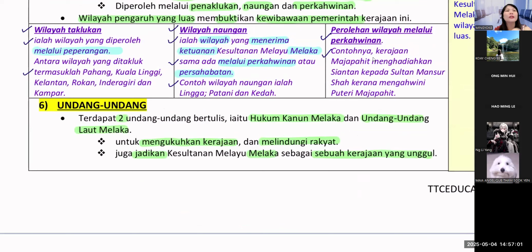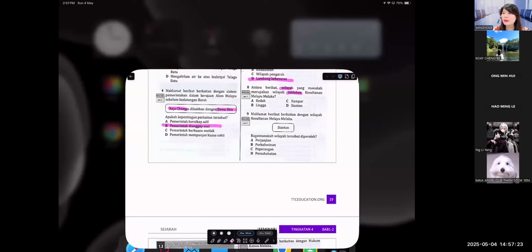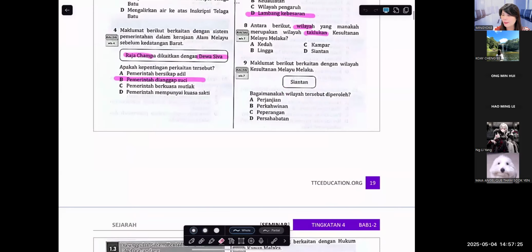This one is the older generation one. Okay, I just show you all. Whatever I get, I put in my material. You see, taklukan is what? Pahang, Kuala Linggi, Kelantan, Rokan, Indragiri, Kampar. So yes, Kampar. Thank you very much. So you also got it already, correct already. You see, I split screen now, then it goes off already. Kampar.